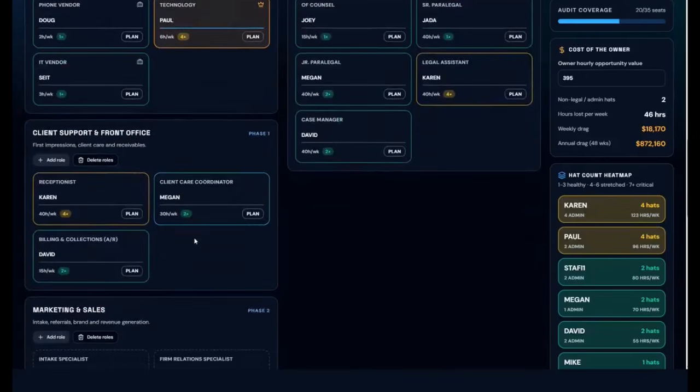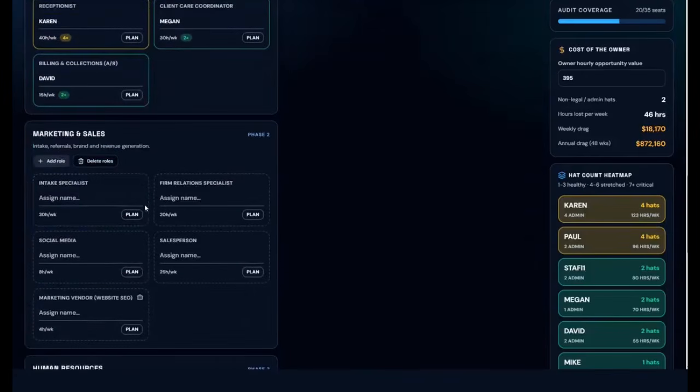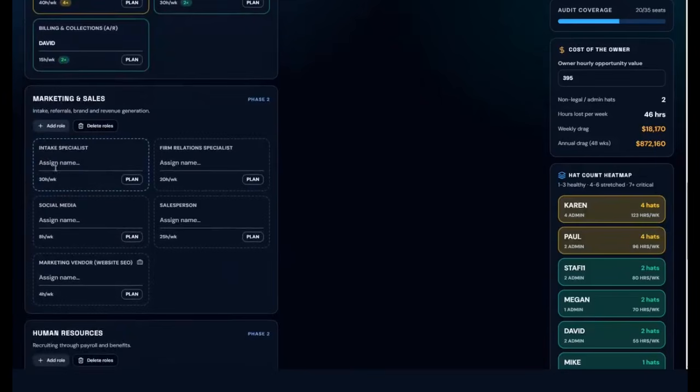Now, client support in front office, we filled out already. Marketing and sales, the intake specialist. This, sadly, is also Karen, who's our receptionist. Firm relations specialist. Now, this is someone that deals with other firms and referral partners often. This, in most cases, is the owner of the firm, unless you have someone designated to this.